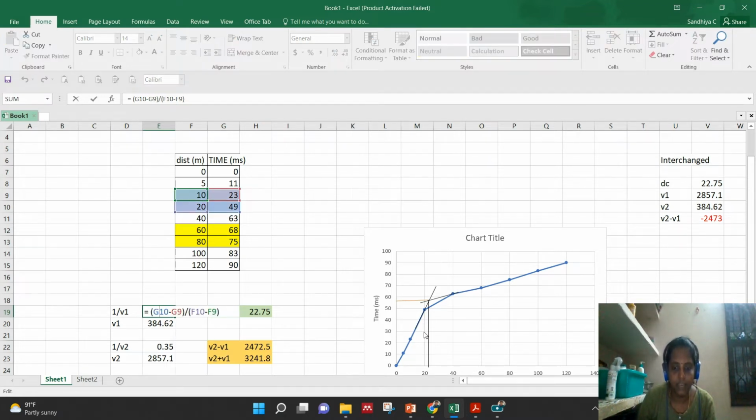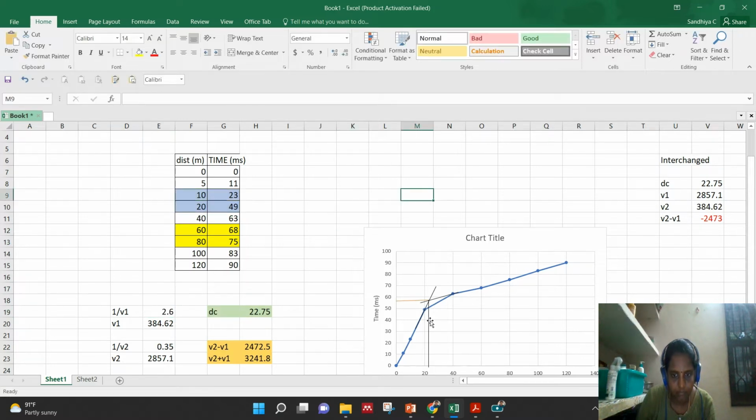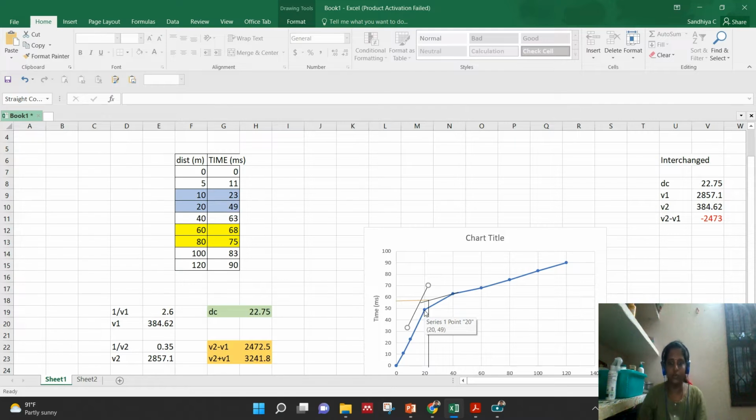You can see I have chosen two points, 1023 and 2049.